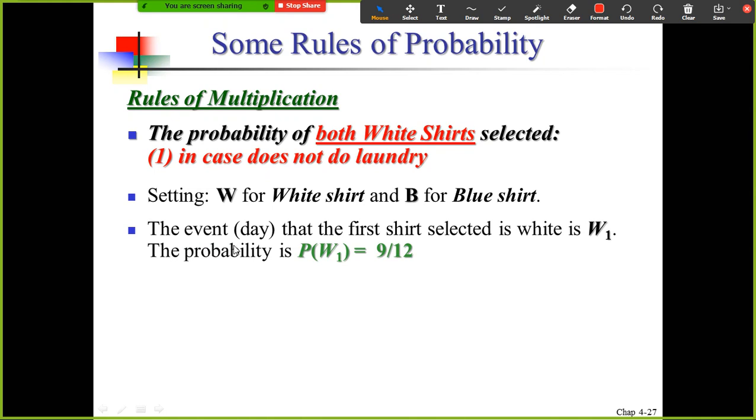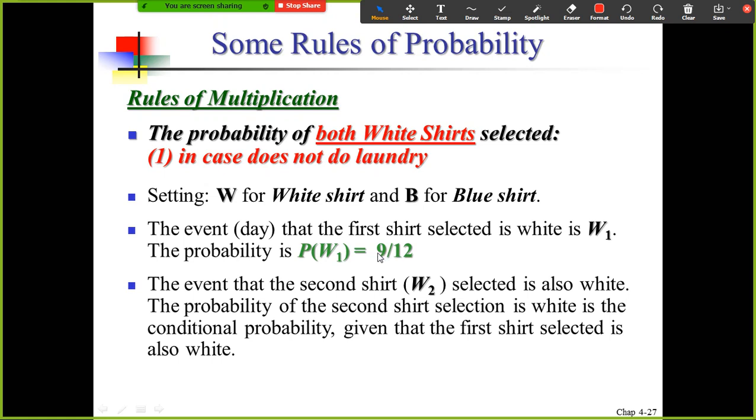The event that we study is the golf playing day, so I just say day. The event is about a golf playing day. The event that the first shirt selected is white, I will put W1. The probability of the first white shirt selected is 9/12.